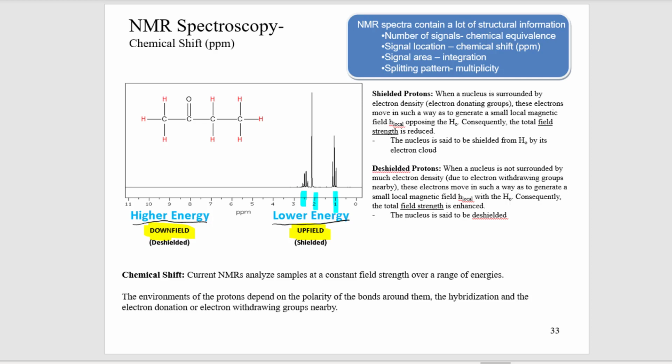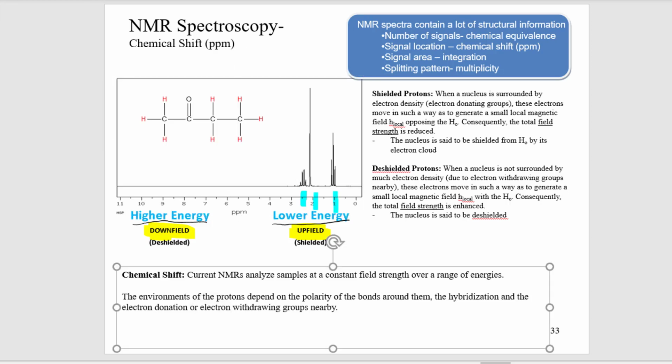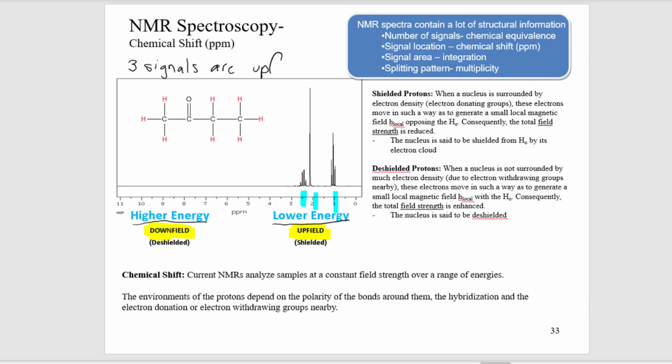So I would say that these three signals that are shown are upfield. What does this mean? Well, there are two types of proton environments, right? It's kind of like their relationship to electronegative atoms.